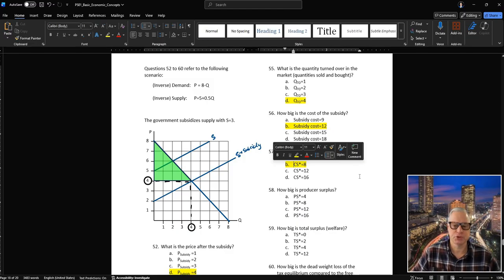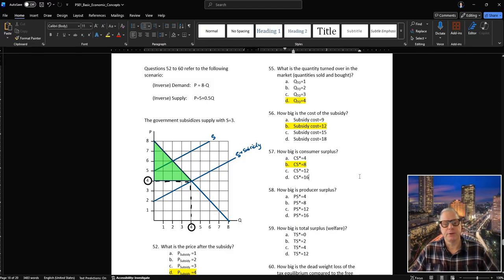How big is producer surplus? Okay, so remember, this is the true supply function. Here we have the true cost that matters for the company. And even though people at the cashier pay 4, the companies get basically the 4 plus the 3 in subsidy.